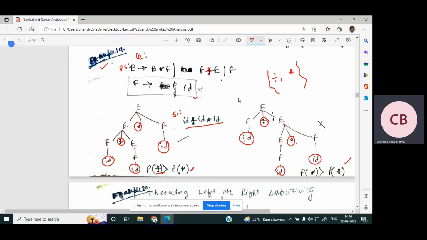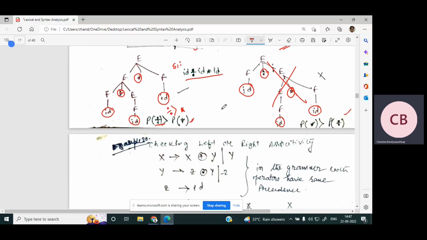Again, I am repeating: if you are not able to get this tree, then the only thing was that the division operator had the higher precedence than the asterisk operator. Correct? If contradictory results are there over the production rules, then you should say that both have equal precedence. Okay, this is one part.